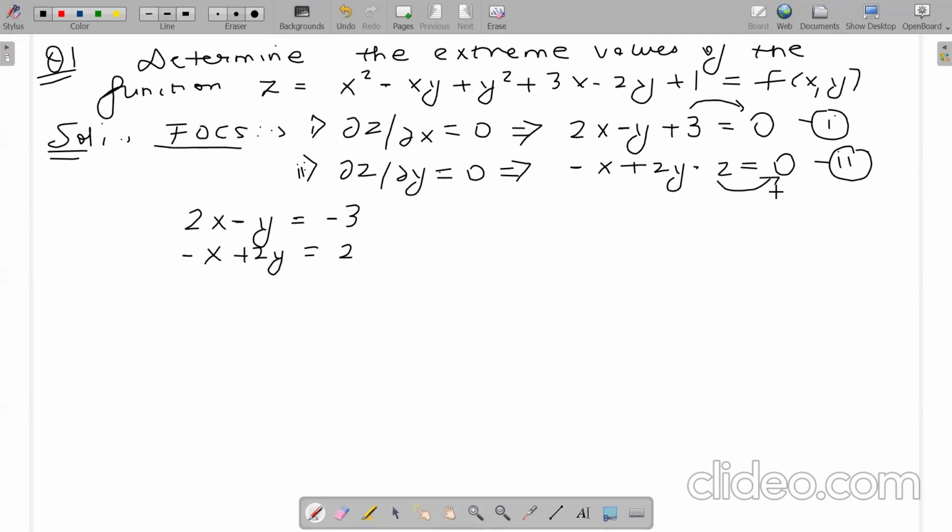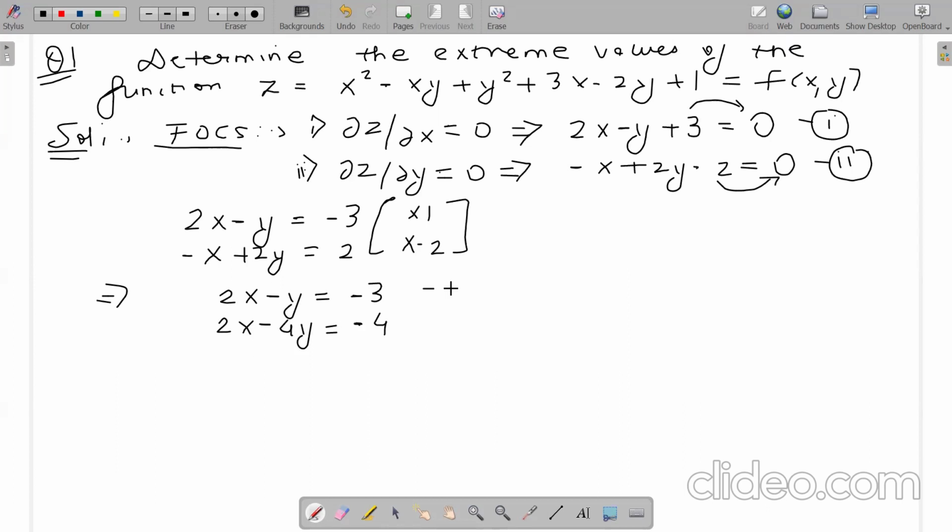I can solve these two equations using the method of elimination. I multiply this by 1, I multiply this by minus 2 to make the coefficients of x equal. So I get 2x minus y equal to minus 3. That's my first equation. The second equation is 2x minus 4y equal to minus 4. Call this equation 3. Call this equation 4. Let's subtract equation 3 minus 4.